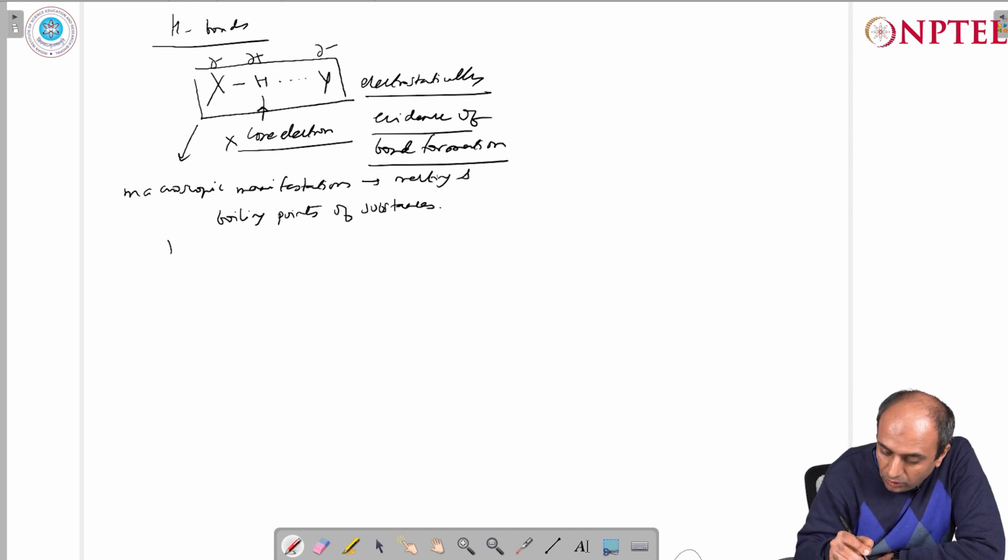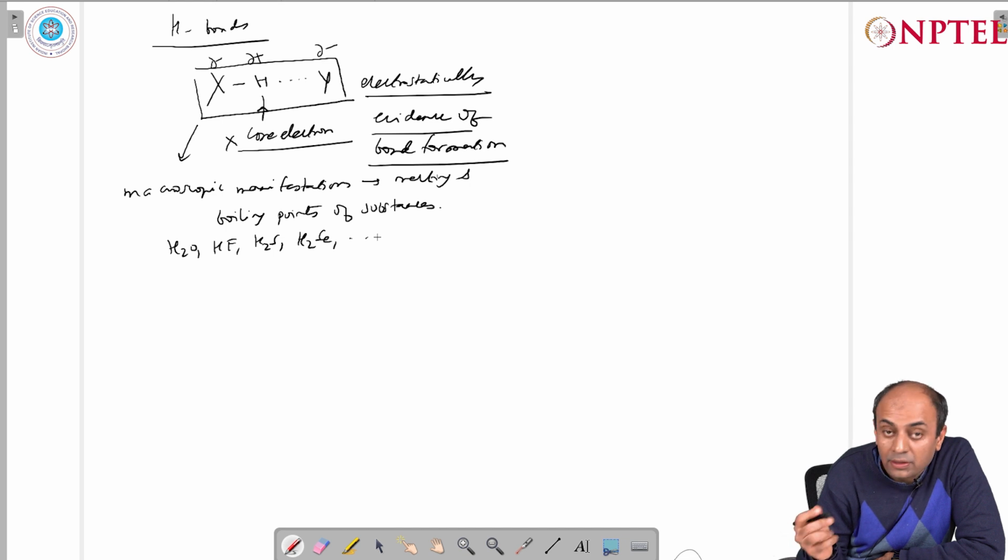For example, water, hydrofluoric acid, H2S, H2Se. You can actually see that the boiling points of different substances are different on account of the variations in the strength of the hydrogen bond in the associated entities.